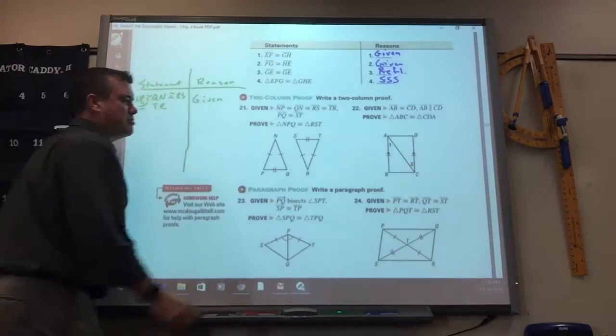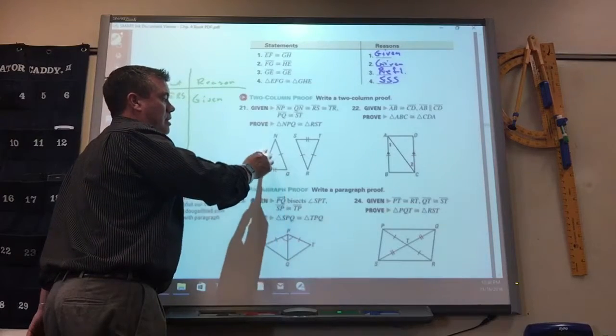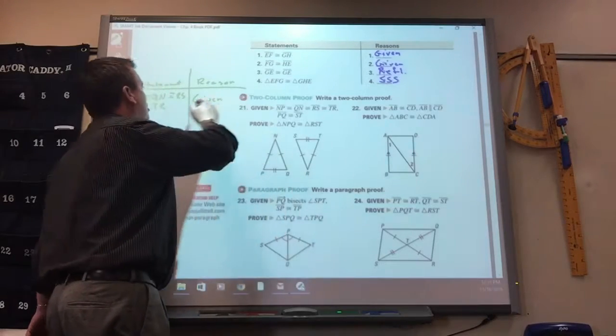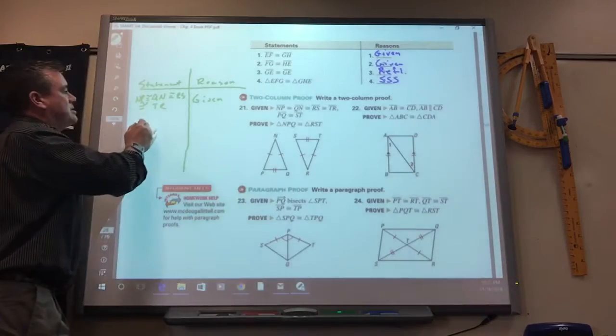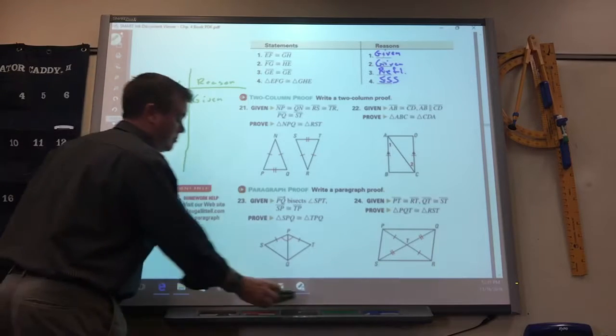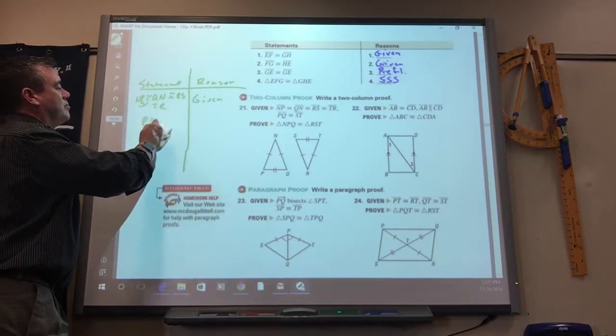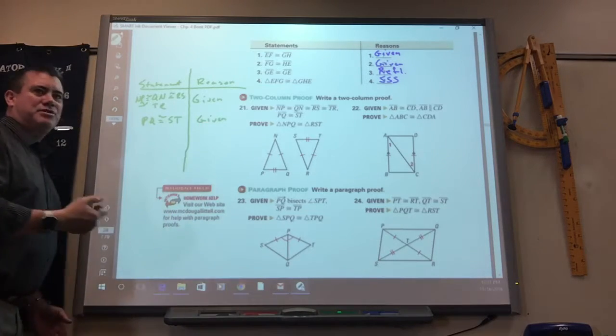So what that actually gives us is two sets of sides, right? This side and this side, this side and this side. So this gives us two sides there. Then they tell us PQ is the ST. That's given. That gives us another side.